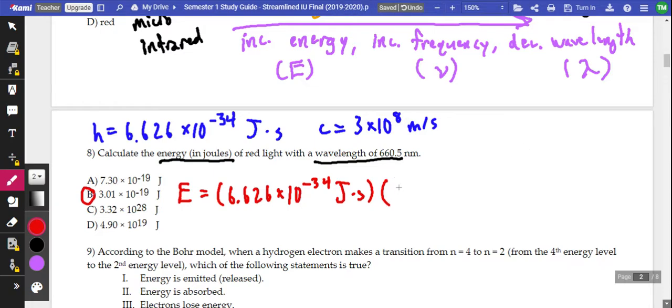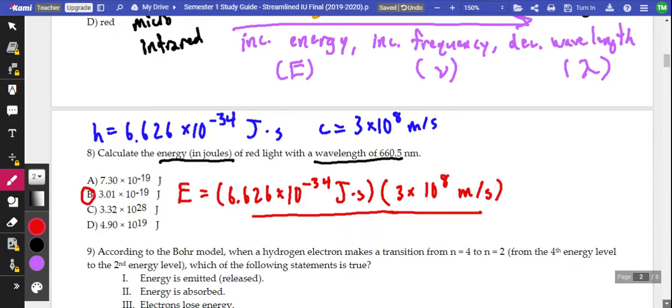So I'm going to write 3 times 10 to the 8th meters per second, and that's going to be divided by my wavelength. Since this is all multiplied together, I'm just going to put it underneath all of these so I can deal with it last.